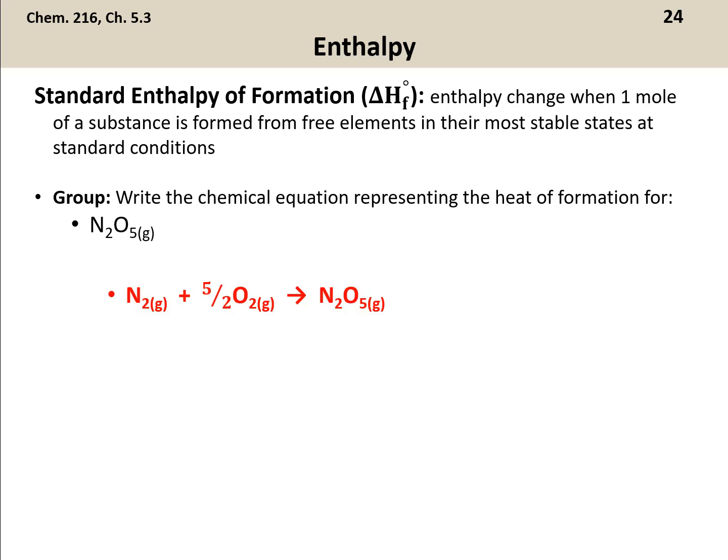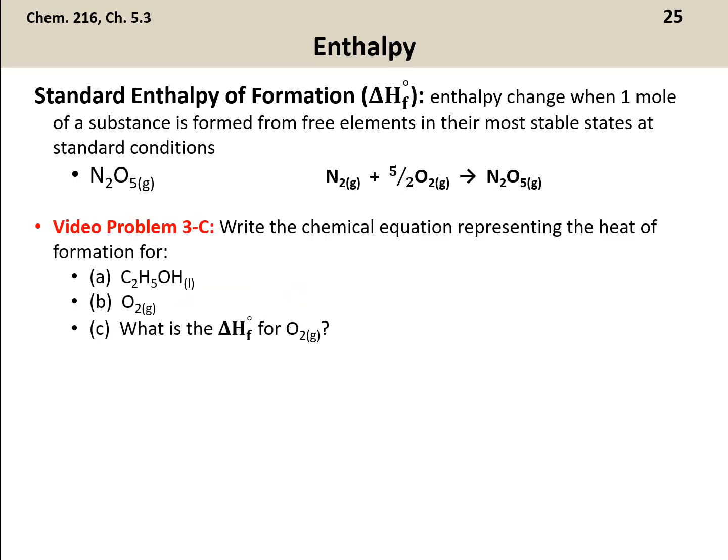Why don't you do it for some other ones? Okay? So in video problem 3C, you're going to do it for C2H5OH, that's ethanol. You're going to do it for O2, and then you're going to figure out the delta HF for O2. I'll actually give you a hint.